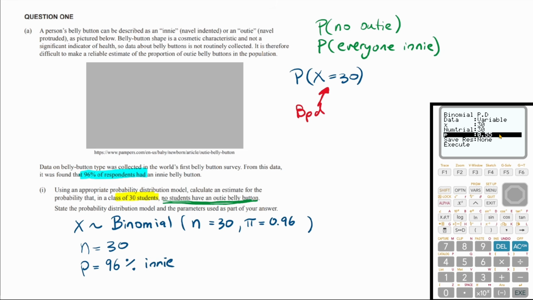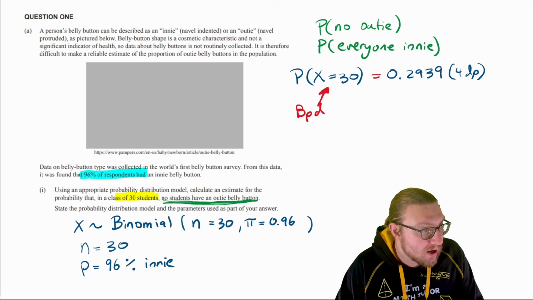And the p is the probability of success, so that is, in our case, 0.96. Okay, let's press enter. And our probability is given to us by our calculator, which is 0.2939. Remember, guys, 4 decimal places for probabilities is expected.